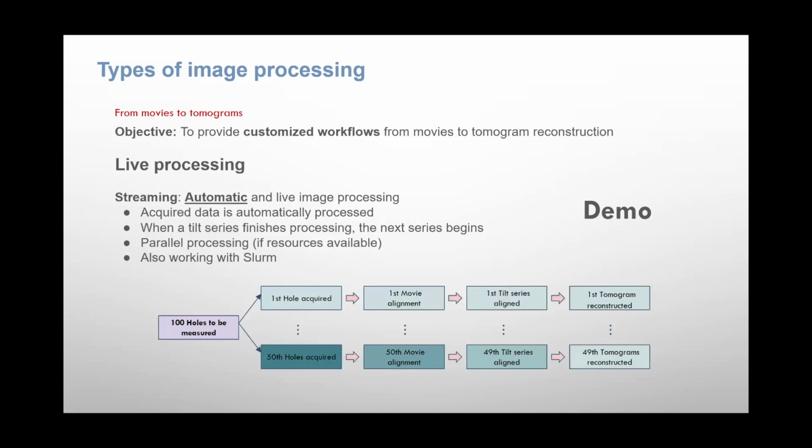The other is streaming processing, or in-streaming, in which imagine that I measure 100 holes in the microscope. As soon as I get the first hole acquired, I start processing the first movie. As soon as the first movie finishes, I start aligning the tilt series. And as soon as I finish the first tilt series, I reconstruct the tomograms.